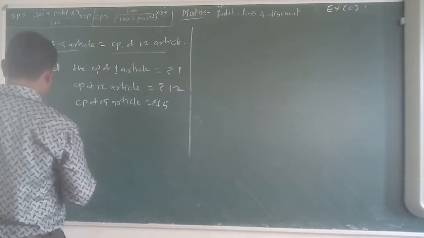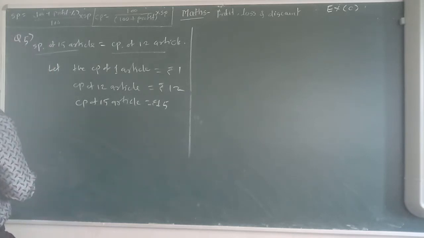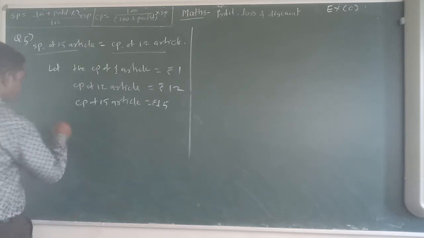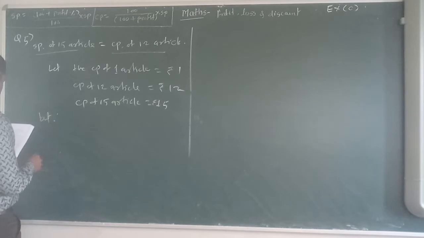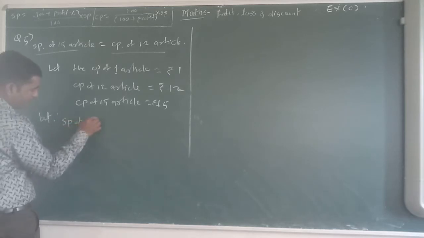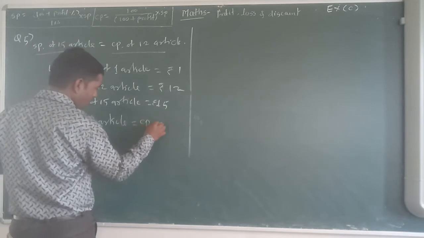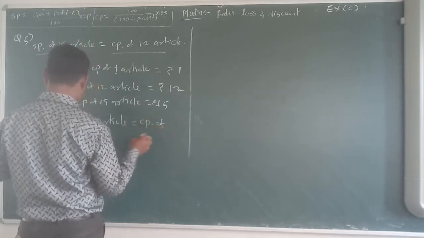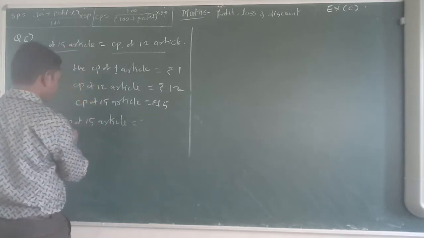But SP of 15 articles is given. SP of 15 articles is given how much?